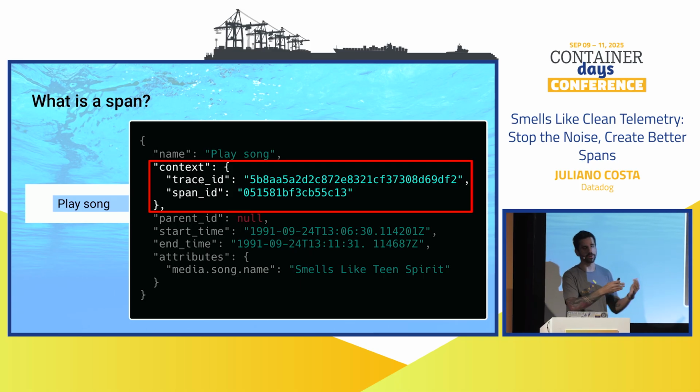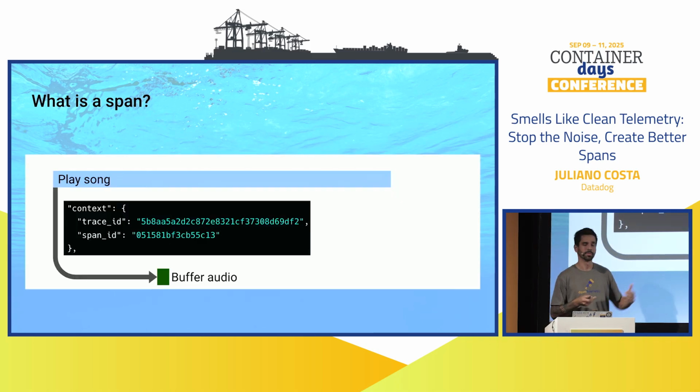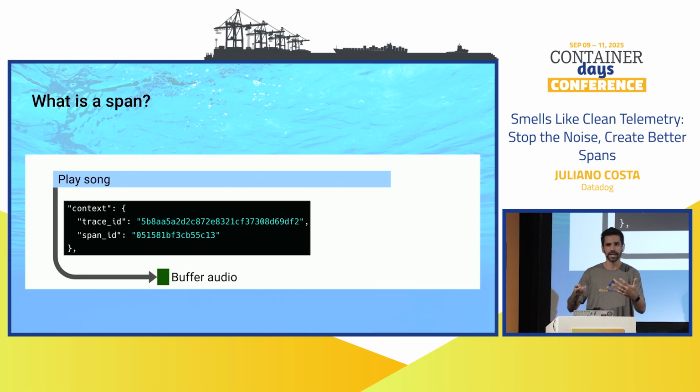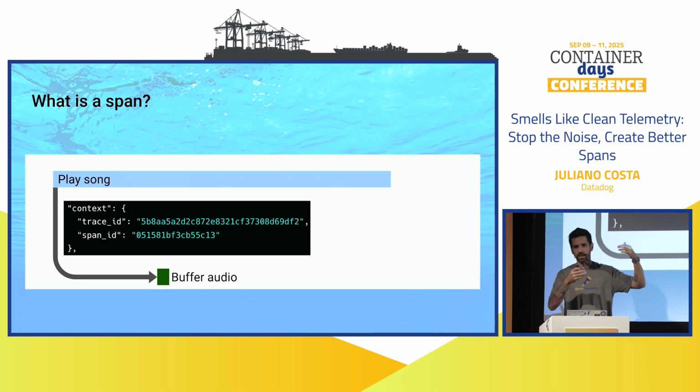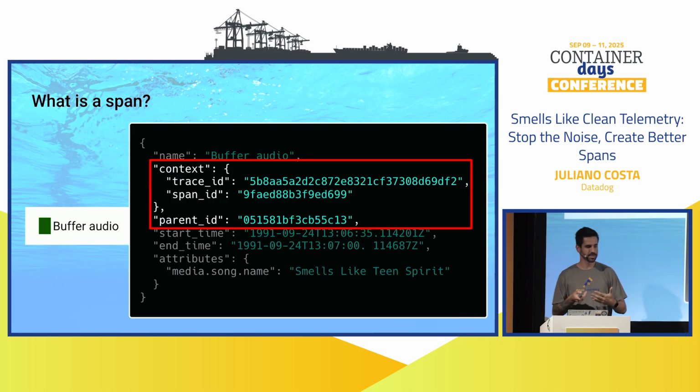And whenever play song calls the buffer audio, we pass the context to buffer audio. So we pass the trace ID and the span ID. And whenever buffer audio starts the span, it actually already knows that it's part of a trace, and it has another service or another part of the application calling the buffer audio. So what we have now is a correlation between them.